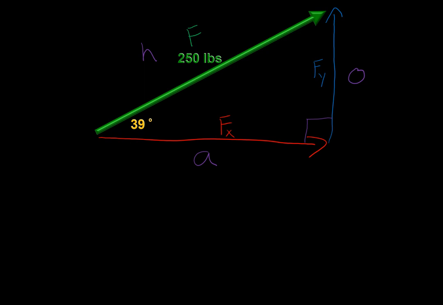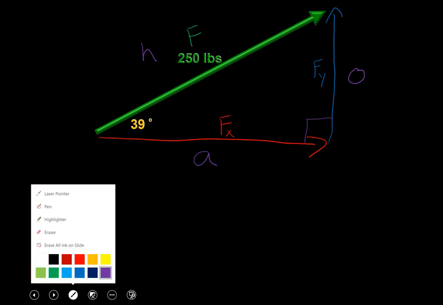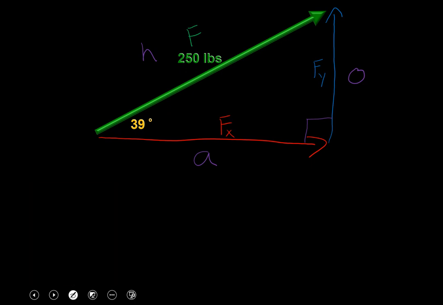It's adjacent to the angle. So if we were going to do our F of x first, we would end up having to use our cosine. Because cosine theta equals adjacent over hypotenuse.